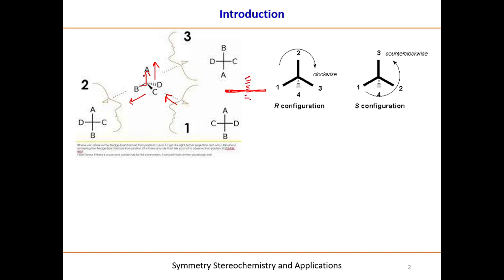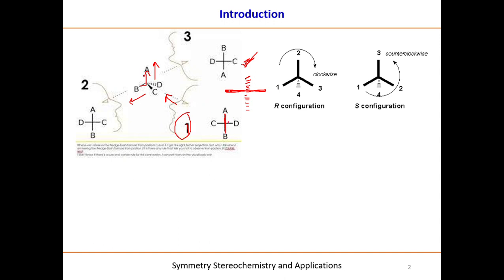In Fischer projection, the vertical line represents the back side of the plane, and the horizontal line represents the front side of the plane. So if A and B are going below the plane, and C and D are moving towards ourselves, that means this structure is correct. Because here you can see, first we will discuss this one, then we will discuss the other one. Here A and B are on the vertical line and moving away from ourselves, as you can see here.